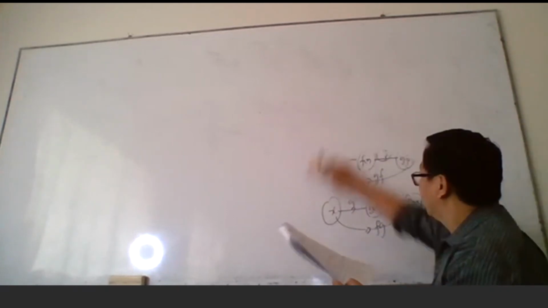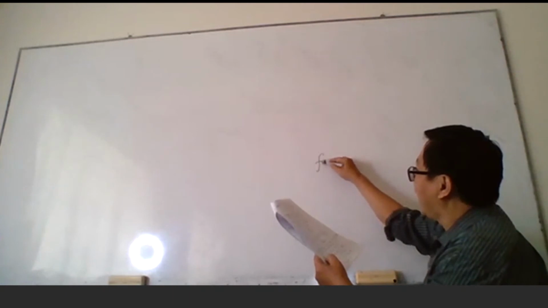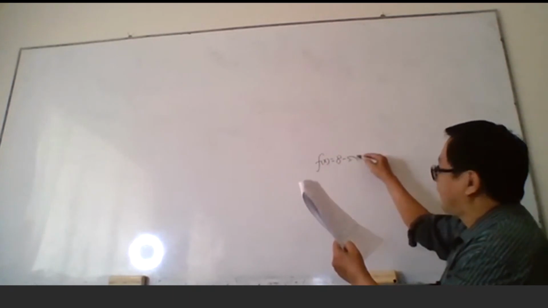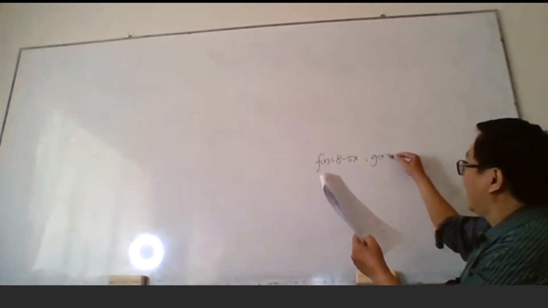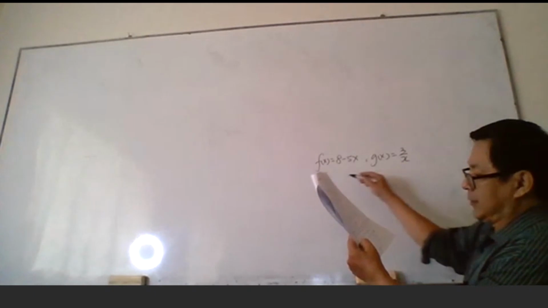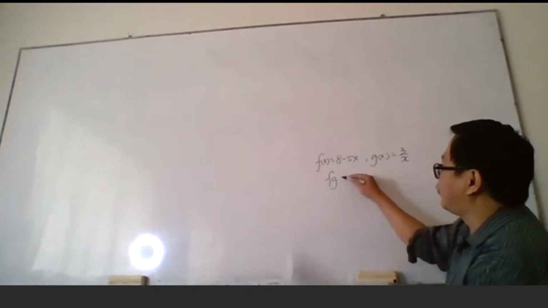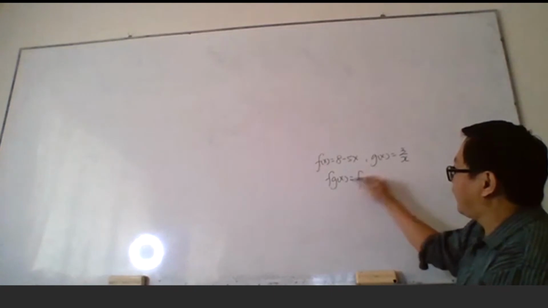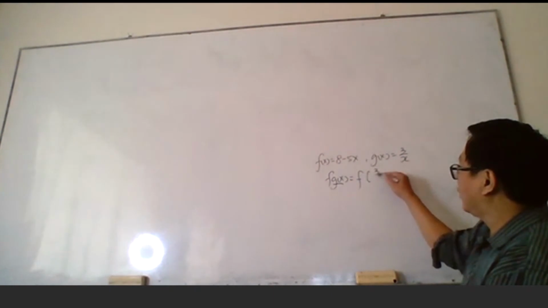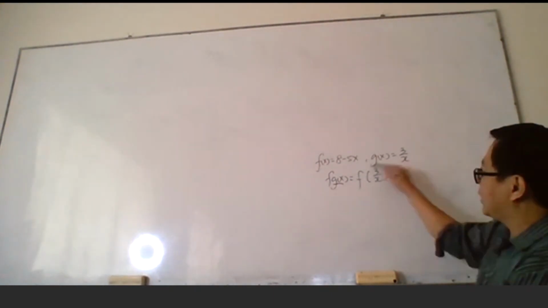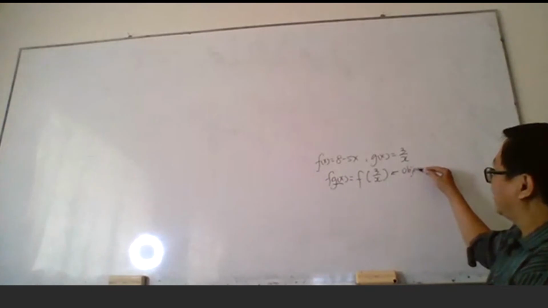Look at the example. fx equal to 8 minus 5x, and gx equal to 3 over x. In this question, they want to find fgx. So the f remains, gx will be 3 over x, and I always put this as the object.